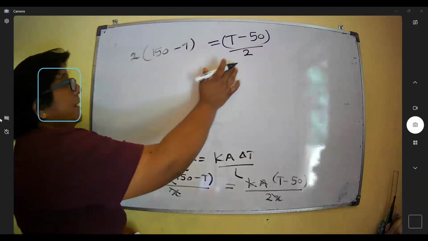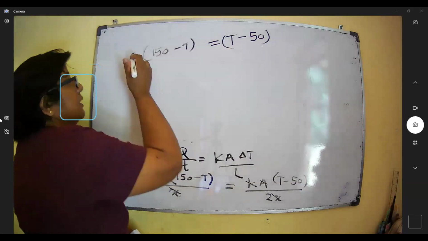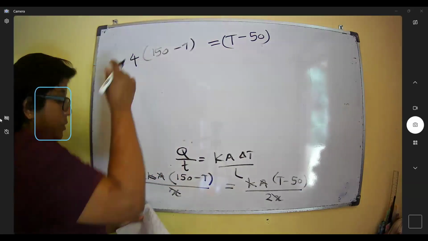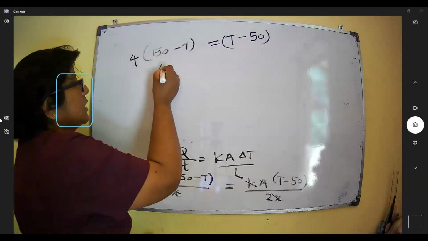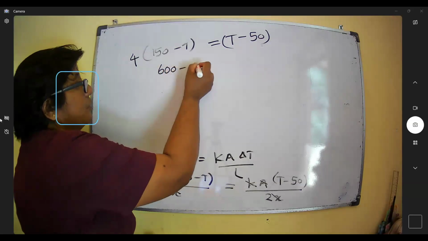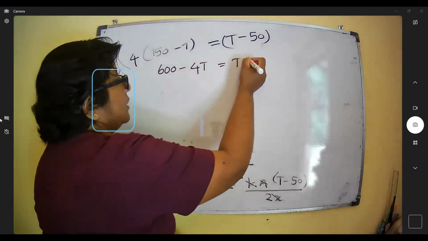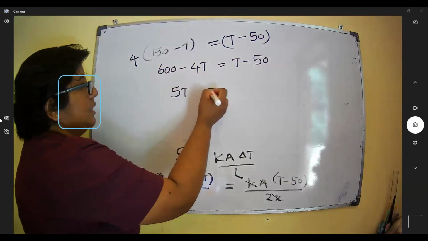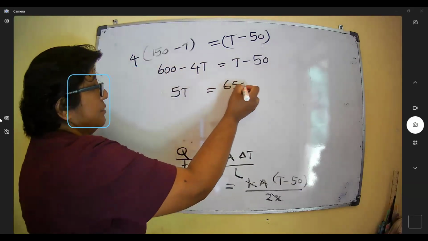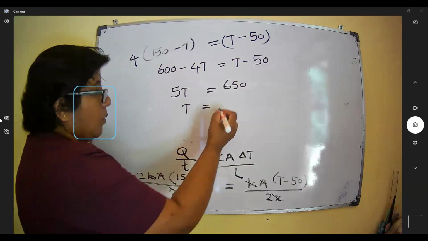Then cross multiplication, this becomes 4. Then 600 minus 4T equals T minus 50. Then 5T is equal to 650. Then T is equal to 130.